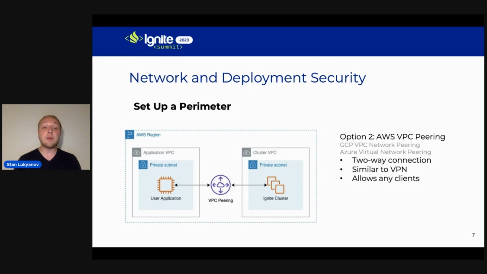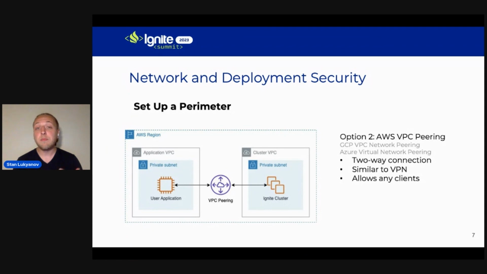And what VPC peering is essentially merging two subnets that are in different VPCs into not a single subnet, but allowing these subnets to talk to each other and to route requests to each other so that there is a two-way communication there. This is much more secure than just a public network. Now, only these two subnets can see each other and talk to each other.